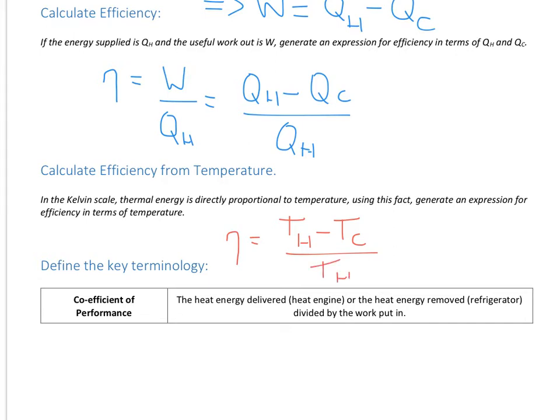So what we can see is it's impossible to achieve an efficiency of 100% or 1, because it's impossible to get to absolute zero here.